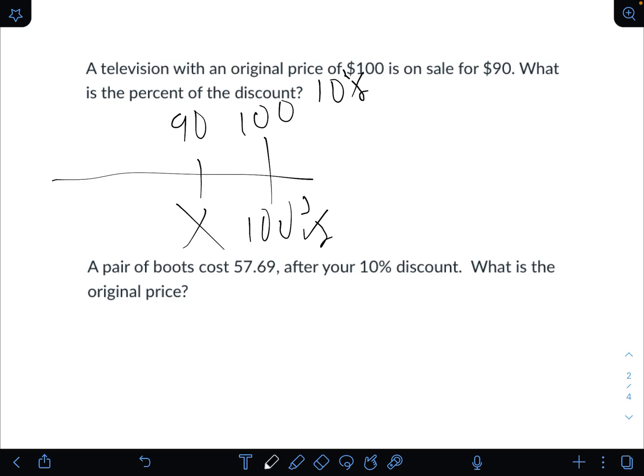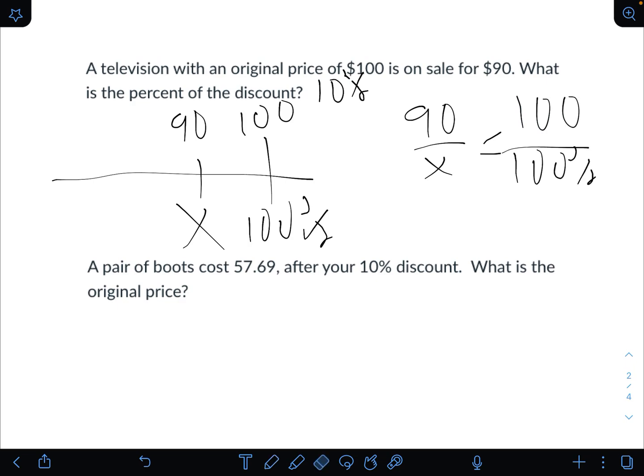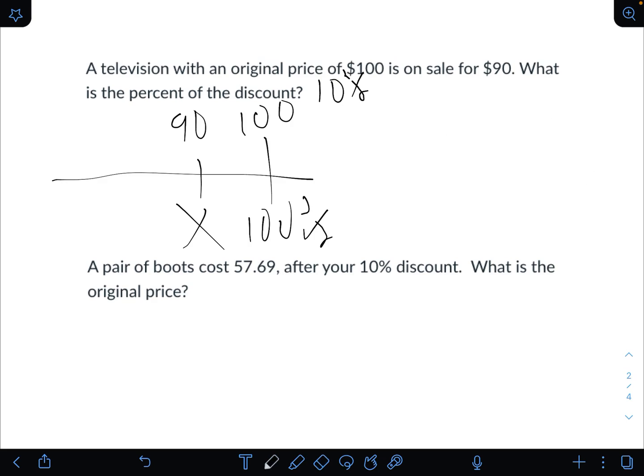Leave this here. That's what we want to find. So we know if we write it like this, the X is going to be at the bottom. But we know we can flip it. So instead, we can write X over 90 equals 100 over 100.